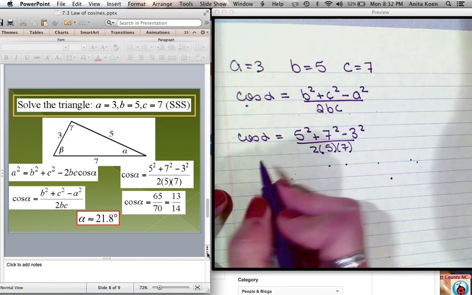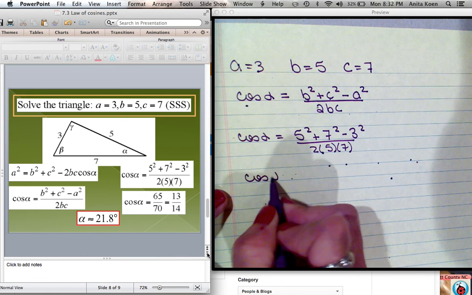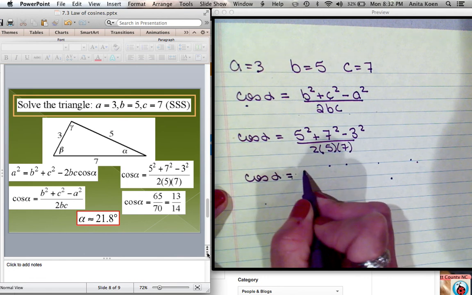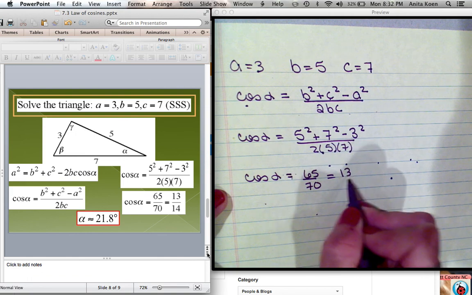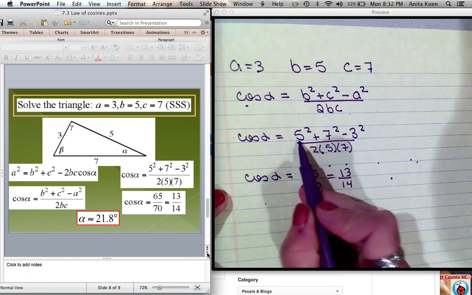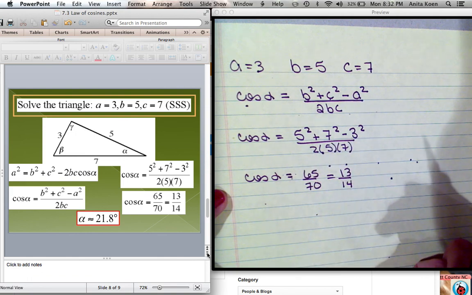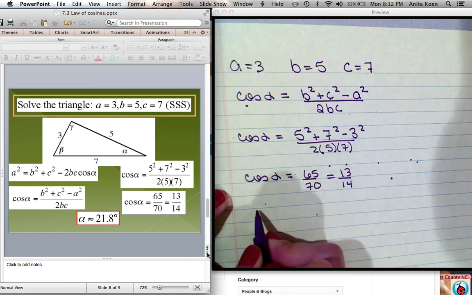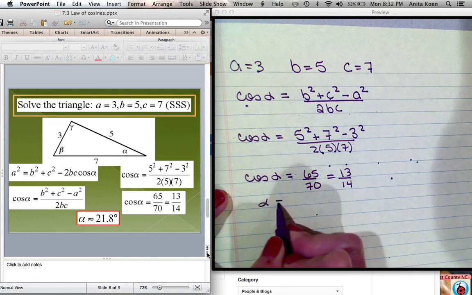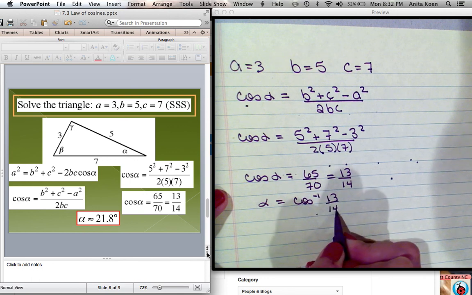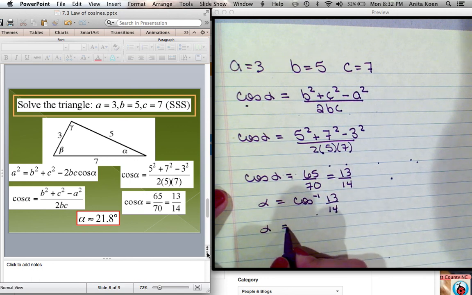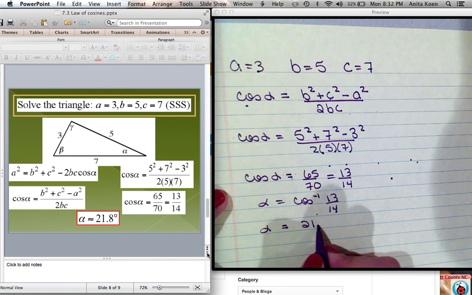And if we take that to the calculator, we get the cosine of alpha is equal to 65 over 70, which is the same as 13 over 14, just squaring and adding and multiplying. And then we're going to do the cosine inverse. So alpha is equal to the cosine inverse of 13 over 14. So alpha is equal to 21.8 degrees.